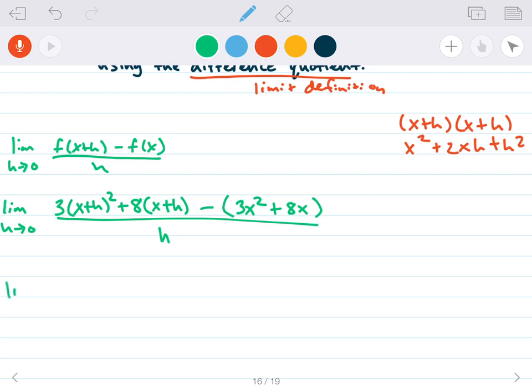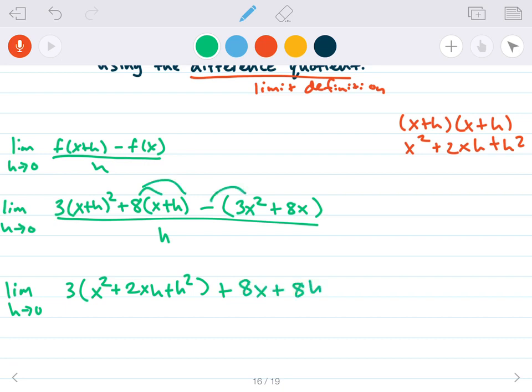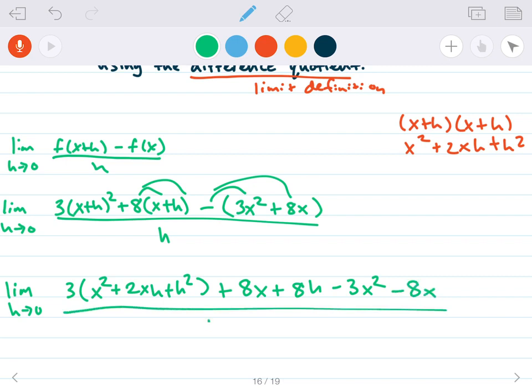Okay, so I get limit as h goes to 0 of 3 times x squared plus 2xh plus h squared, plus, if I distribute this 8, I get 8x plus 8h, distribute this minus 3x squared minus 8x, all divided by h.